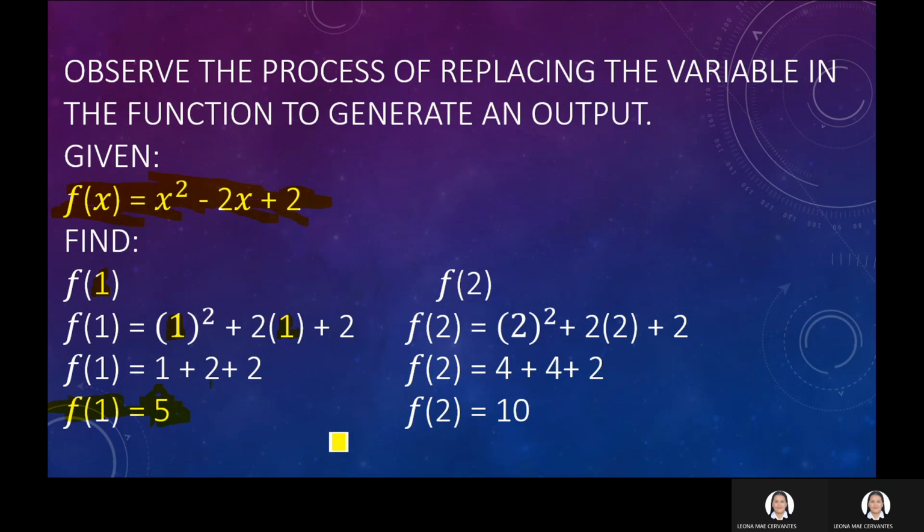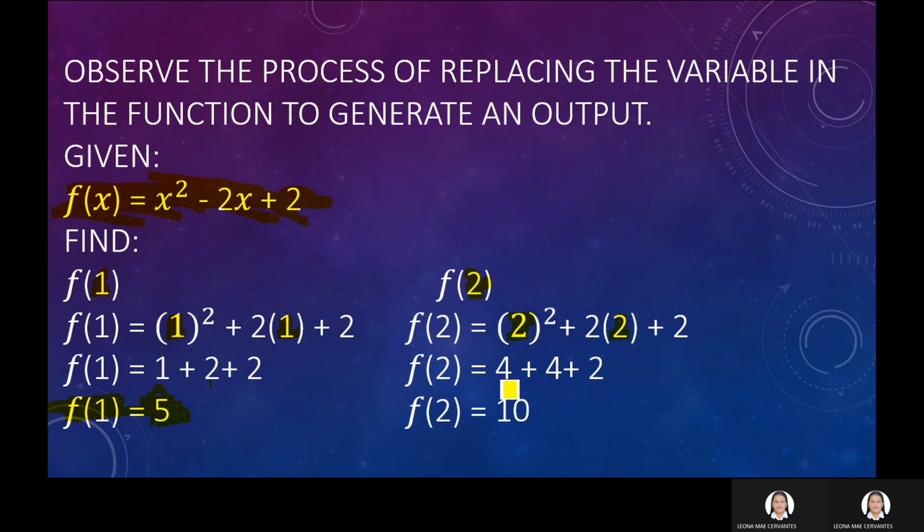Next, if x is equal to 2, so we have f of 2, substitute positive 2. So now we have 2 squared plus 2 times 2 plus 2.